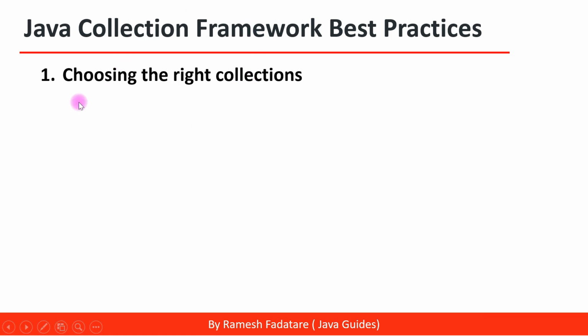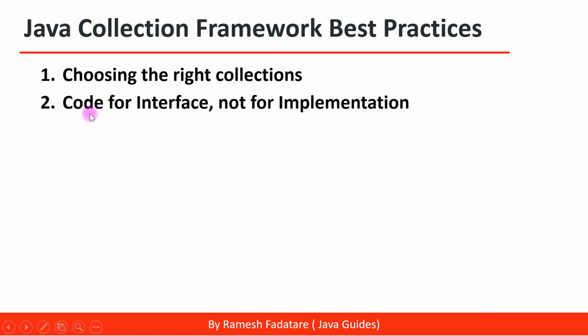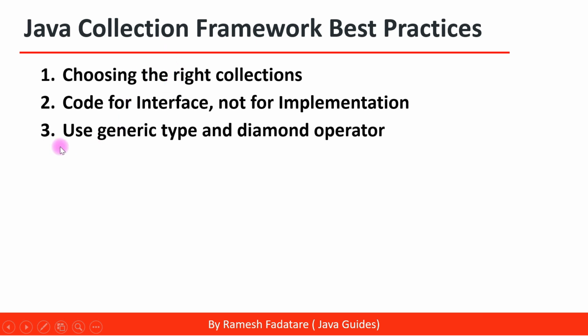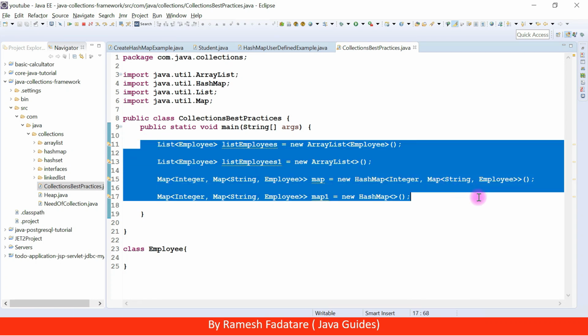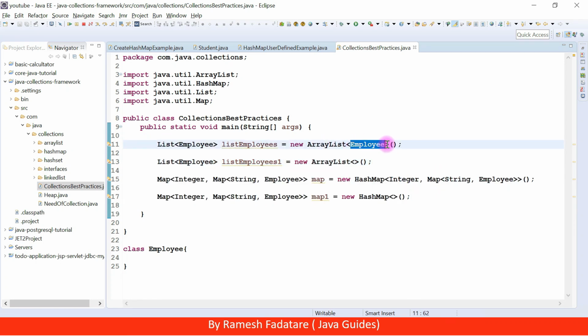So we understood how to choose the right collection, and then we understood code for interface, not for implementation. The next best practice is use generic type and diamond operator. Look here, this is the code snippet, and we use generics here to create the object of the collection class. And this one is called a diamond operator.